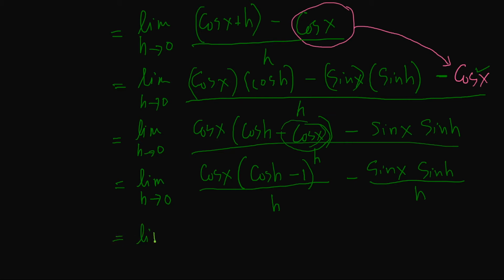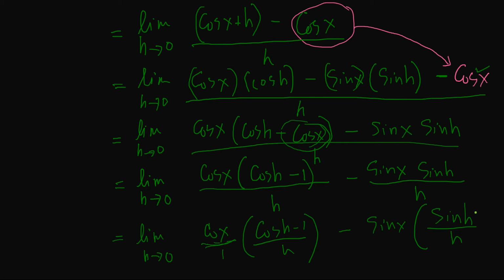By rewriting the previous step, the limit as h goes to 0 of this function, I could rewrite this one as cosine of x times cosine of h minus 1 over h, same thing, because this is over 1 and 1 times h is still h. On the other side I could rewrite this one also as sine of x times sine of h over h.